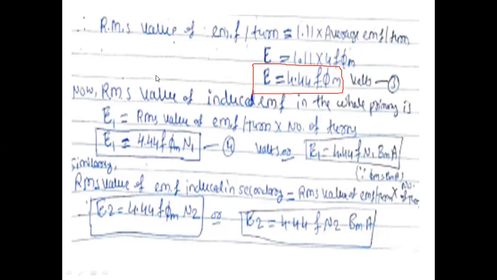E1 equals the RMS value of EMF per turn into the number of turns of the primary.